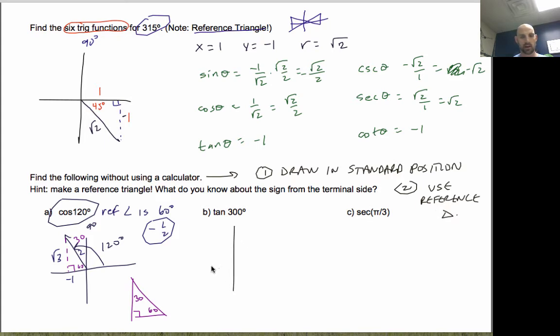So the tangent of 300, 90, 180, 270, and another 30 would be this one here. Goes to the x-axis. And so my angle here, this part is 30, so this is 60. Which means that this one's 30 down here. So this is 1, this is -√3, and this is 2. So now the tangent is opposite over adjacent, -√3 over 1, which is -√3.